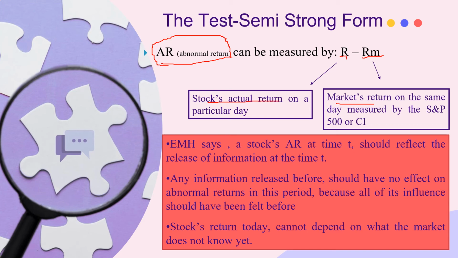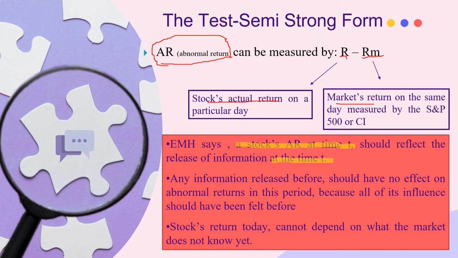Okay, so we focus on this EMH. Say a stock's AR at time T should reflect the release of information at time T. So the amount of abnormal return will reflect when the information has been released.